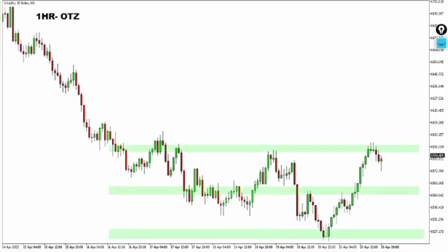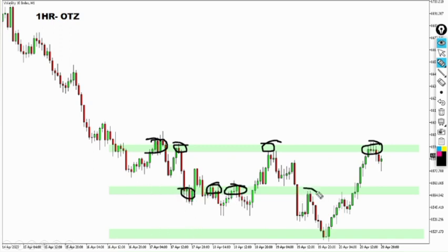So we have 3 zones here which have been rejecting the market, which are our strong support and resistance zones. From this point you can see the market has been reacting and rejecting on this zone, and also on this zone you can see the market has been rejecting and reacting over and over again, right?